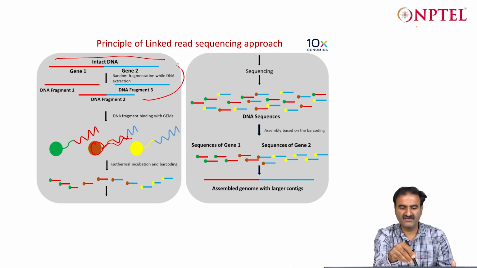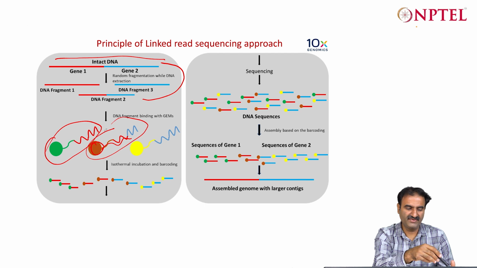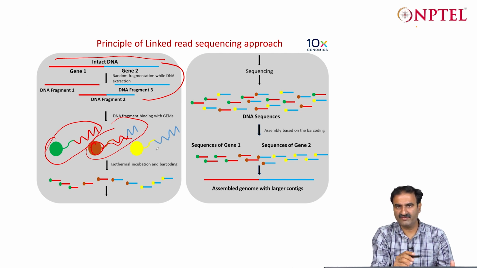Because we are doing random fragmentation of the DNA, we don't know which piece is which, but these are sufficiently long pieces. Each of these long pieces is labeled separately. You can see green, brownish and yellow: three different barcodes, one for each piece.